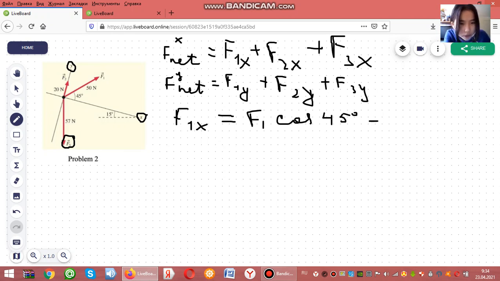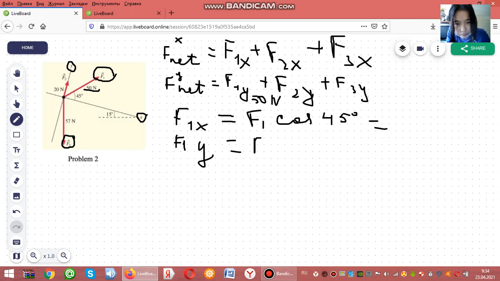Here I want to mention that here it is F3, but I saw this like F1. Here F1. My eyes are really tired. So here, as you can see, F1 equal to 50 Newton, and let's multiply it through my calculator. But first of all, let me write F1 for y-axis too.